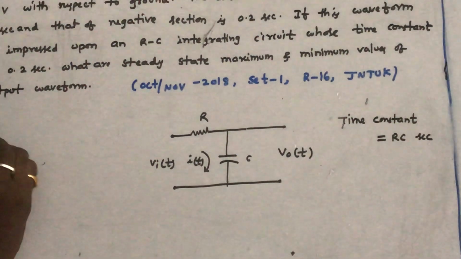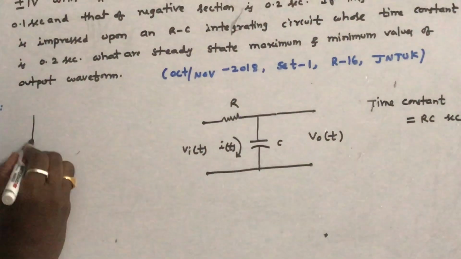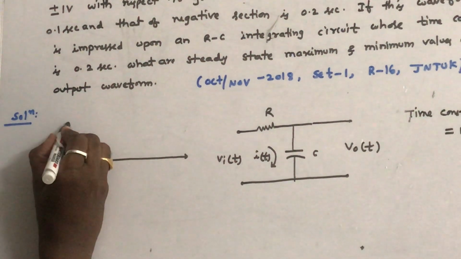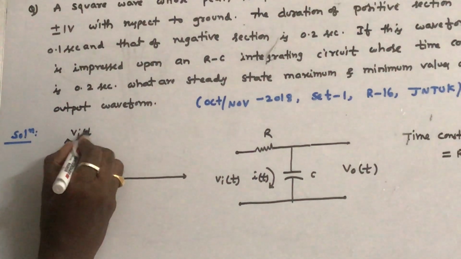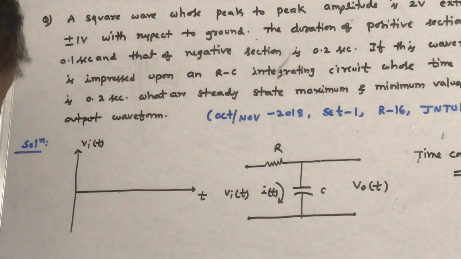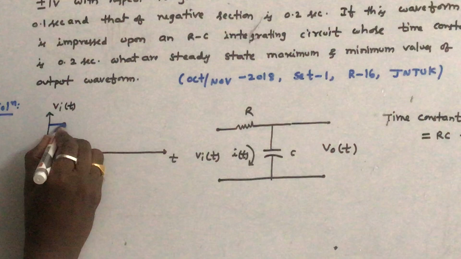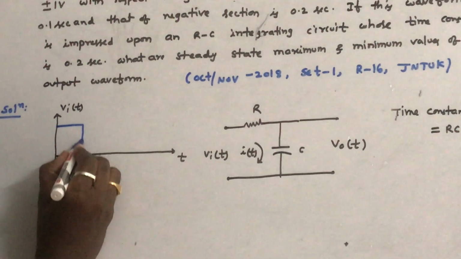Now, what kind of input is given? We have to draw carefully what kind of input is given. This is Vi of t versus t. It is given that 2 volts peak to peak amplitude, which means it extends 1 volt in the positive direction and 1 volt in the negative direction.